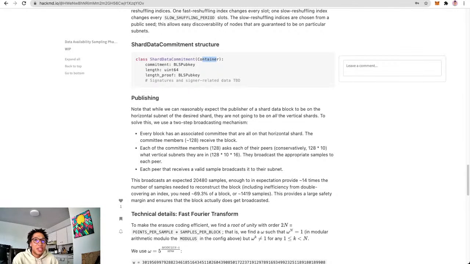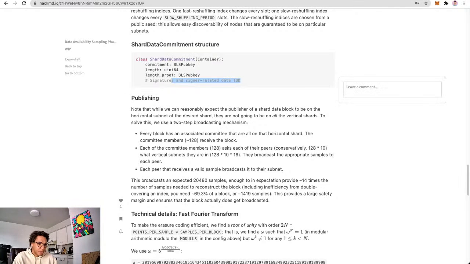Not that it would always be the same, but just that there's one syntax, with different types of the same language so that we can all talk in the same lingo to each other. But anyways, signature, okay, length proof equals the BLS public key. Length is uint64, and the commitment is the BLS public key. Signatures and signer related data to be determined.